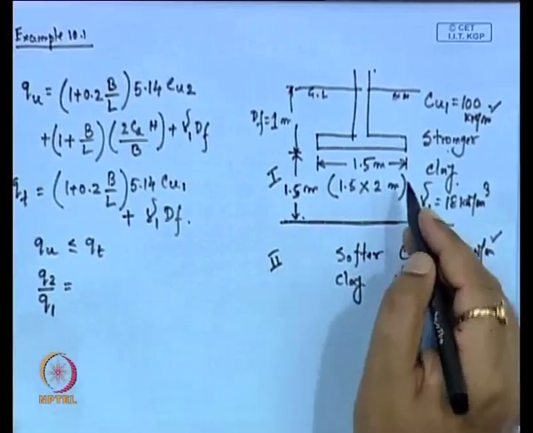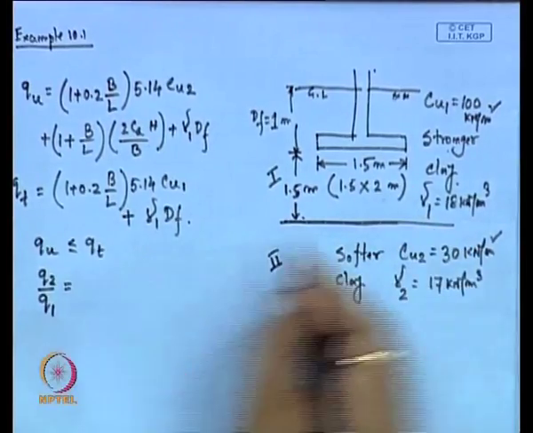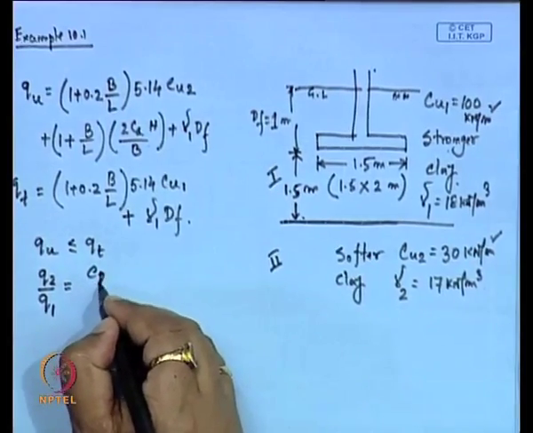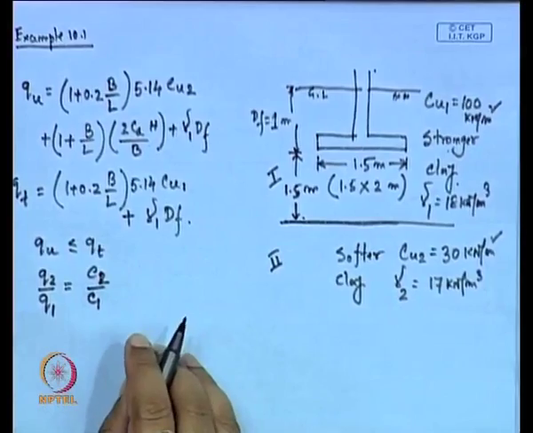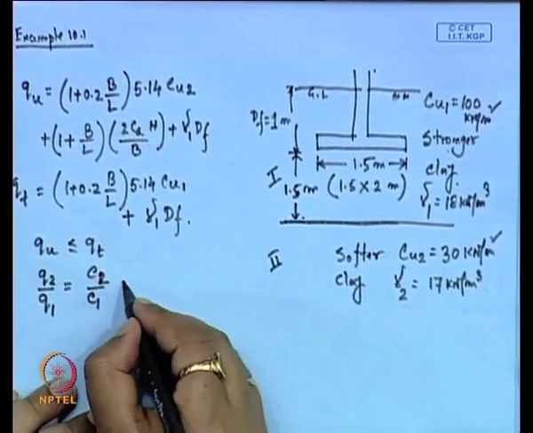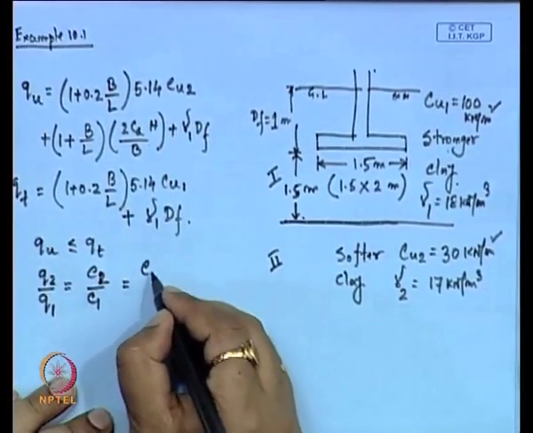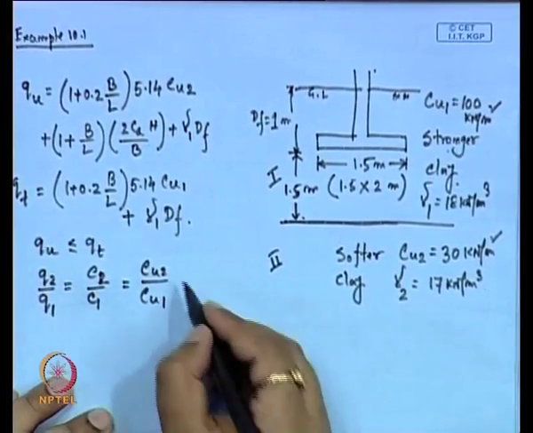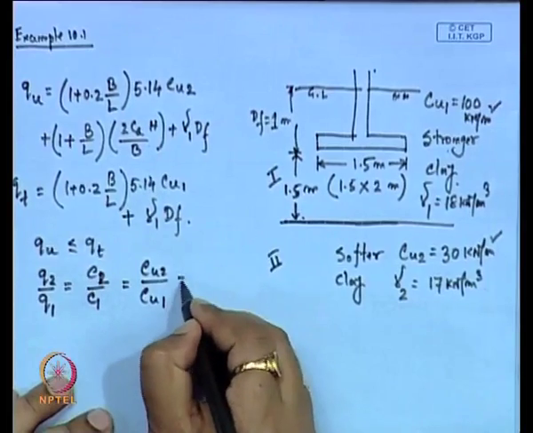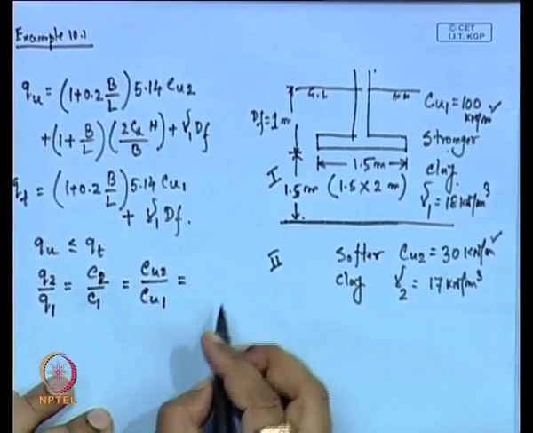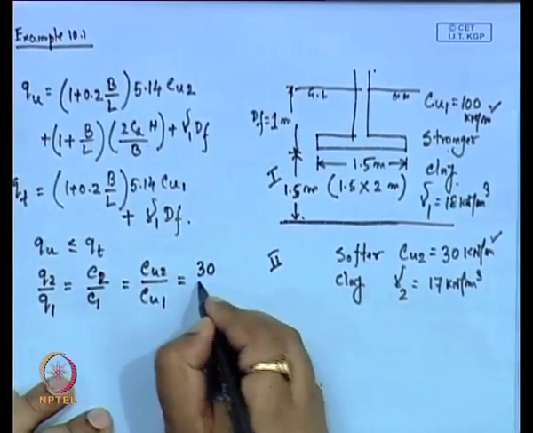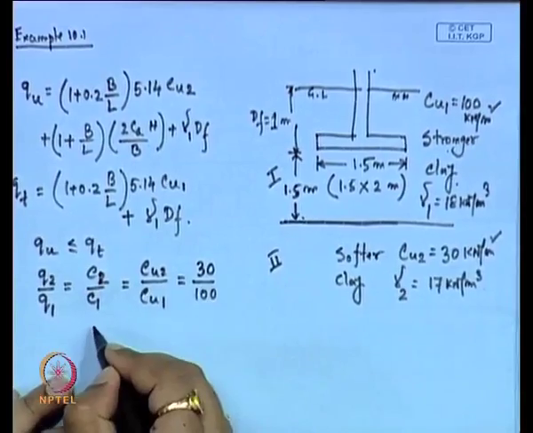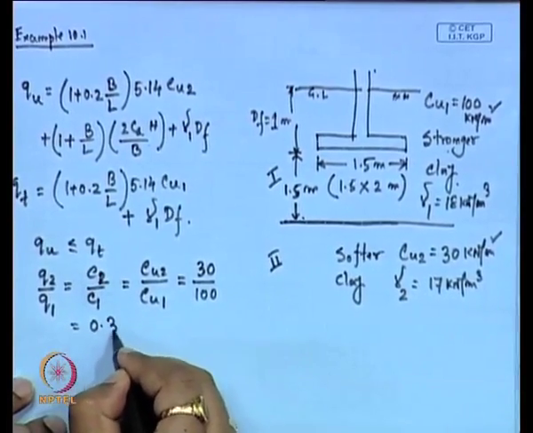Under this condition, if both the layers are clay, then q2 by q1 is equal to c2 by c1, or we can write Cu2 by Cu1. Here Cu2 is equal to 30 divided by Cu1, which is 100. So, this value is equal to 0.3.